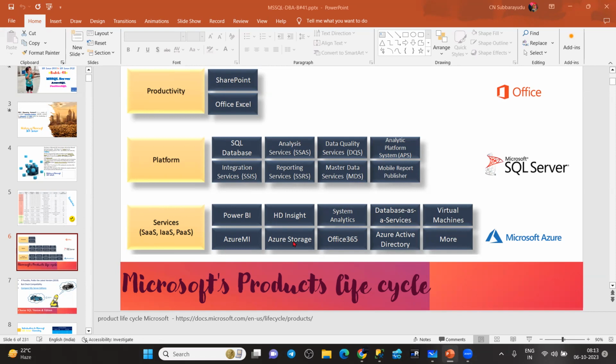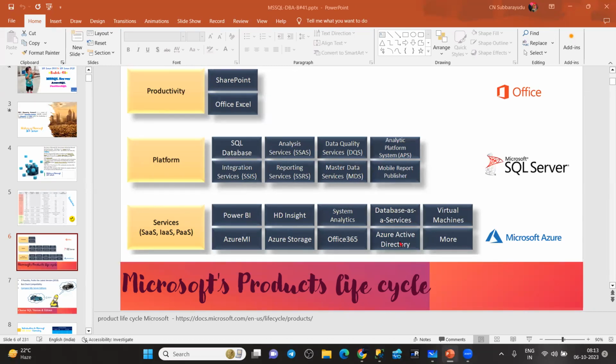Yes or no? So that concept we are going to discuss, and also how to create VMs in the cloud, meaning how to create servers in the cloud. Clusters, Always On availability groups, we are going to discuss on virtual machines in the cloud, along with the networks.